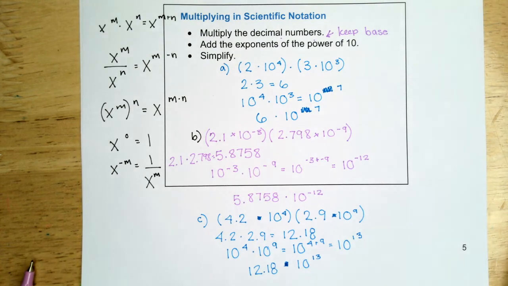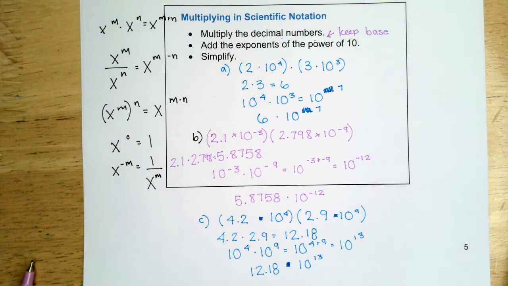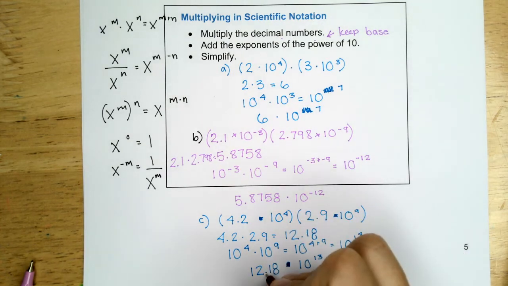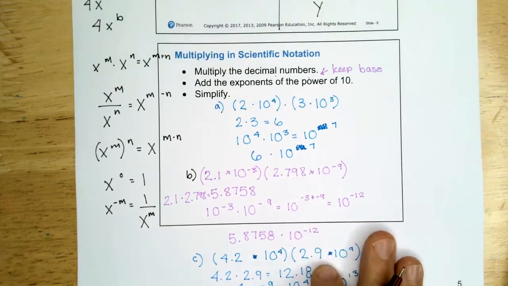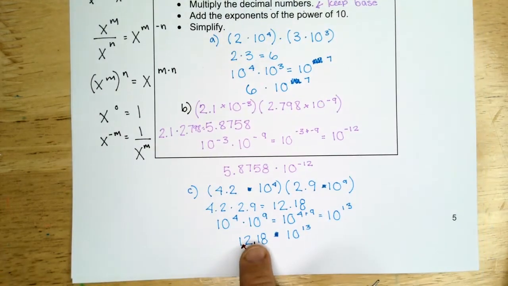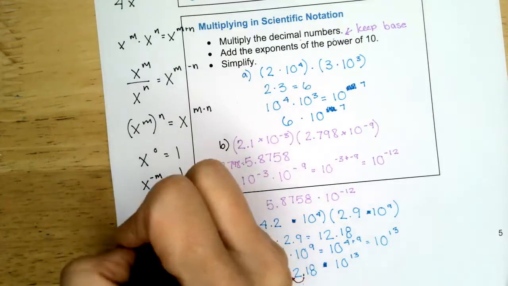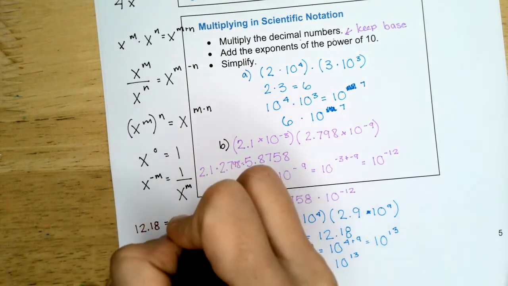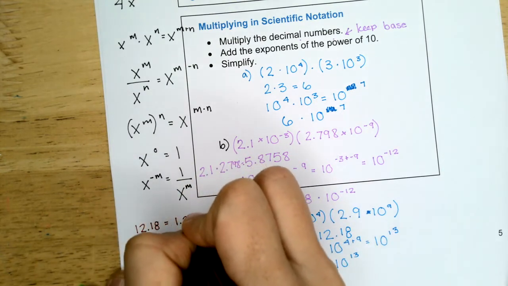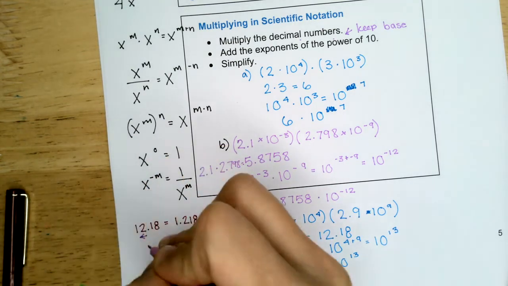But remember, we need only one digit in front of the decimal. That's the whole point of scientific notation. So in order to keep this, instead of a 12, I need it to be a 1. Think about which direction you go and what that means for your exponent of 10. 12.18 is the same as 1.218. I moved the decimal point left, right?